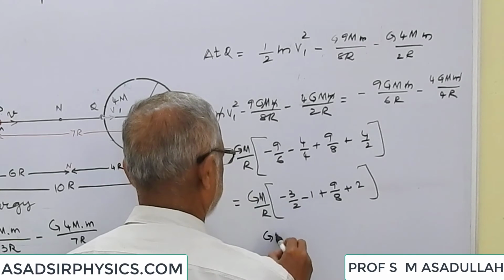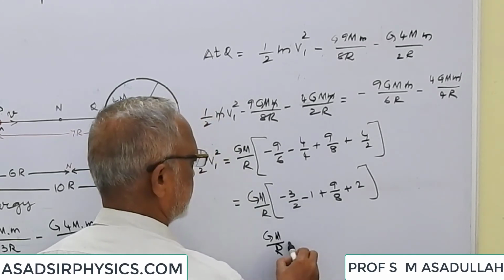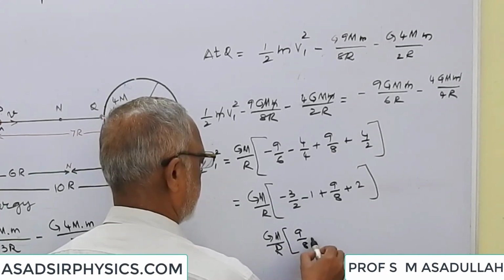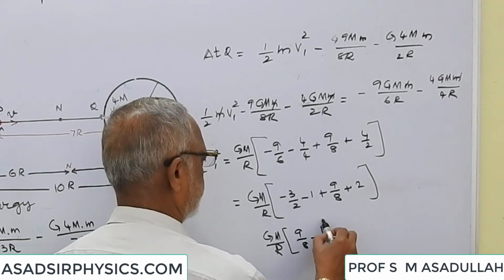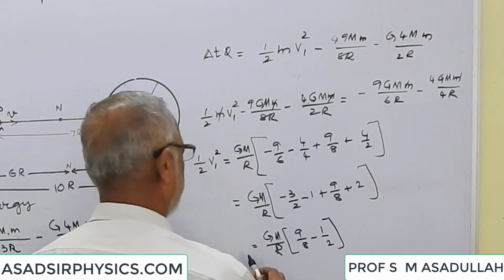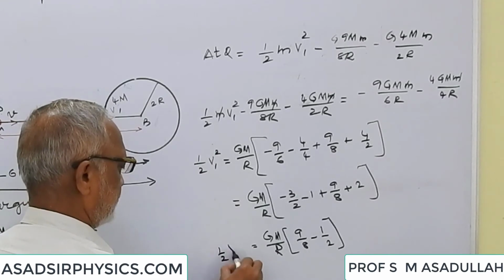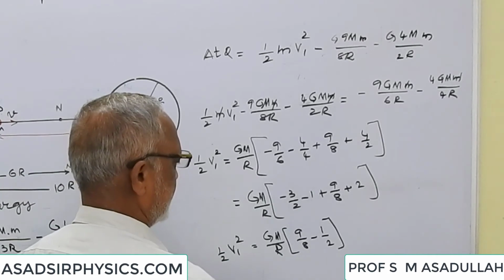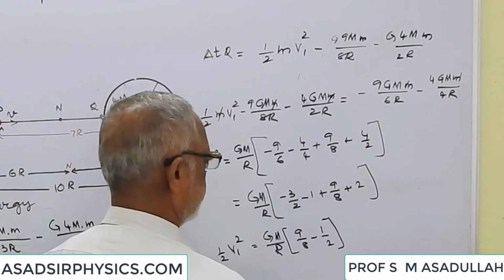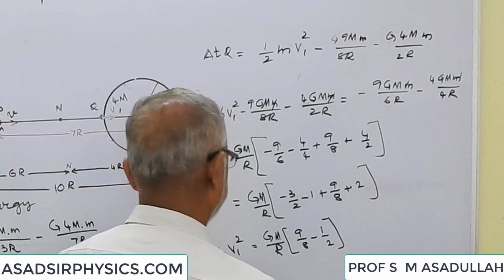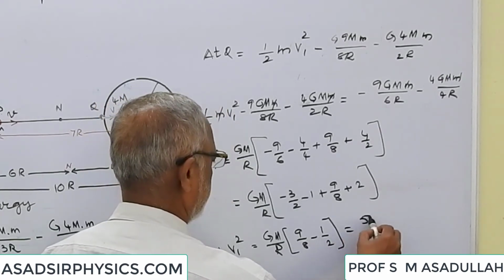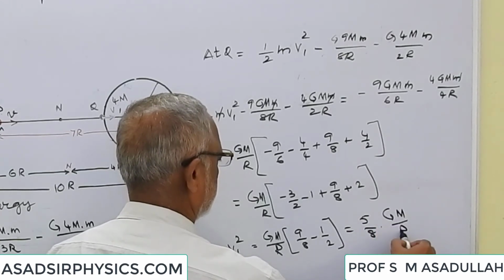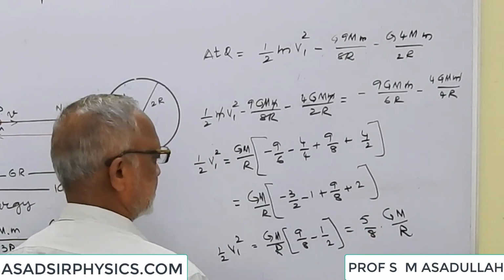So we have GM by r, bracket 9 by 8 minus half, is equal to half v1 square. So LCM is 8. 9 minus 4, that is 5 by 8, into GM by r. The half and 2 will get cancelled here.